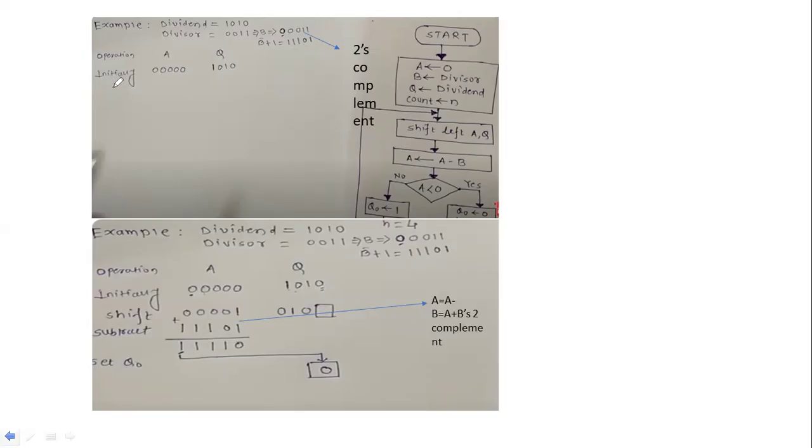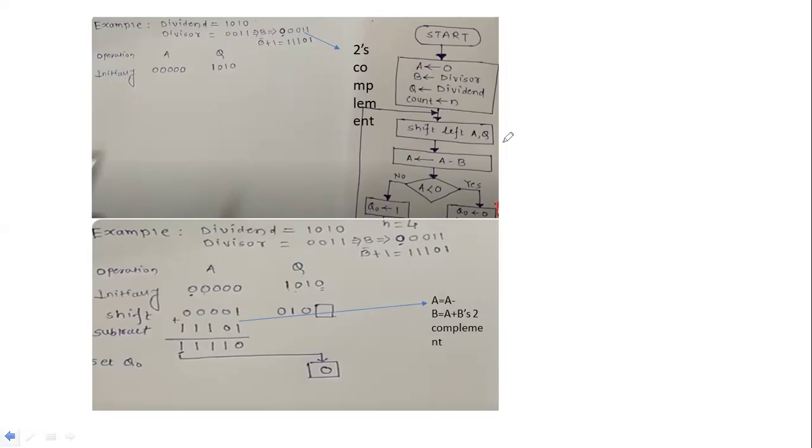Initially we are assigning the accumulator value as 00000, five digits, and the Q quotient value is 1011, which we are taking from the sum. So this is the initial state. Now we perform the operations based on the flowchart. First we have to perform the shift left operation.